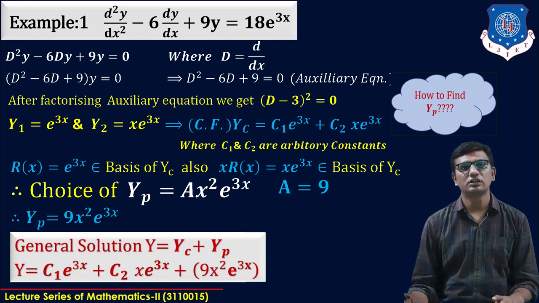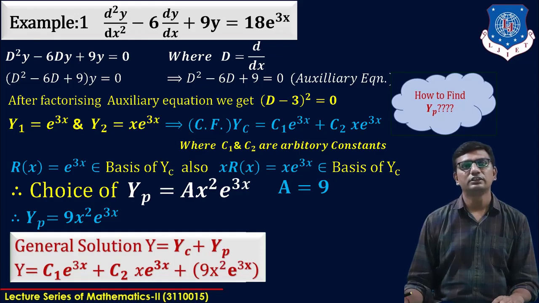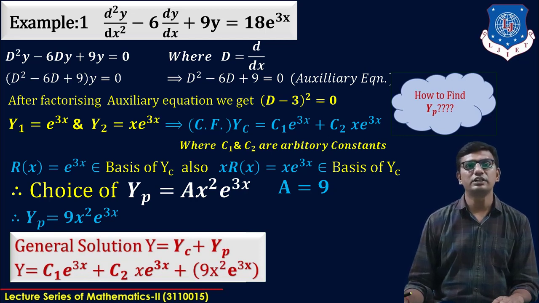That is our general solution of the differential equation d²y/dx² minus 6 dy/dx plus 9y equal to 18 e^(3x). Here we apply the second case of the undetermined coefficient method because our R(x) equal to 18 e^(3x) lies in our basis of Yc.